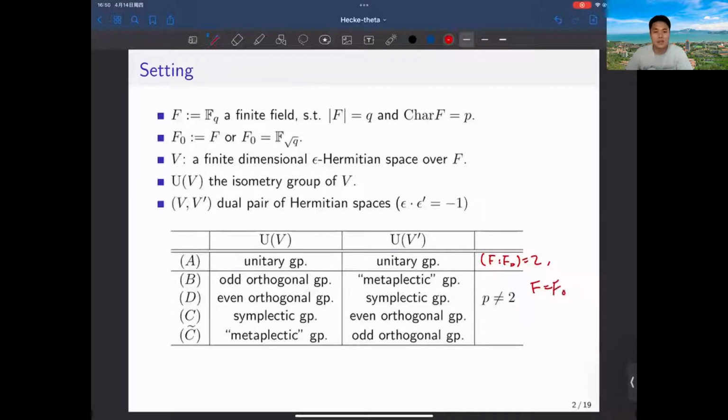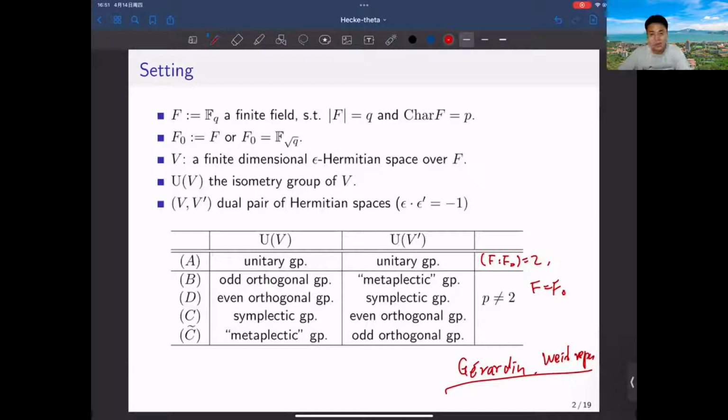In this case, we need P not equal to 2. Basically, it's because Jialiang has worked out all the explicit formulas and properties of the Weil representation for all these cases. Later I will talk about this.